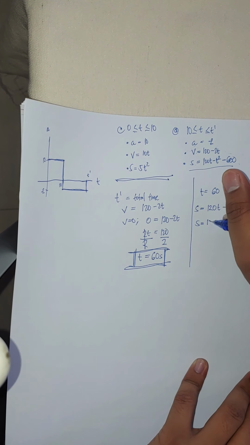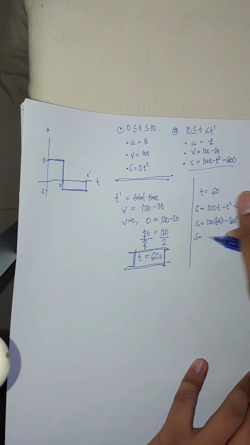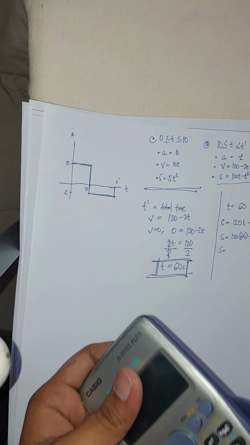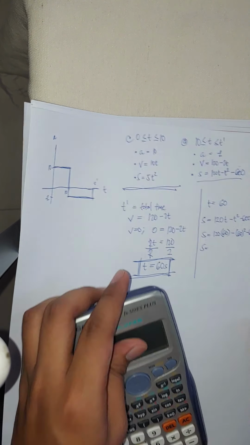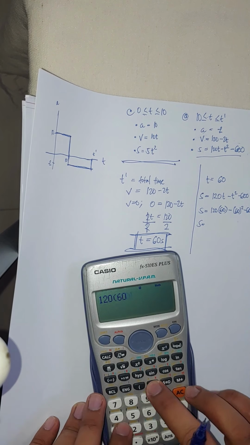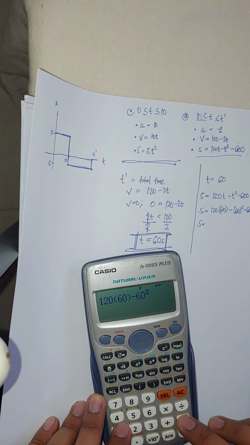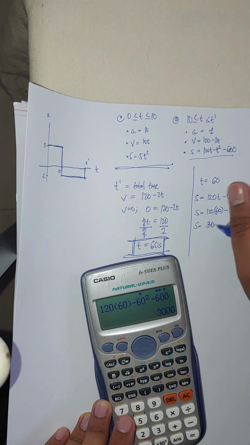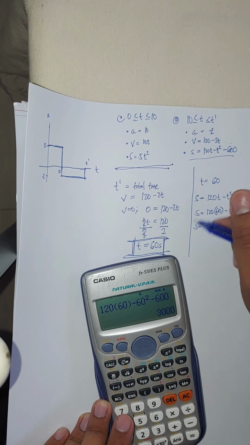S is equal to 120 times 60 seconds minus 60 squared minus 600. So, 120 times 60 minus 60 squared minus 600. So ito ang total distance traveled is 3,000 meters.